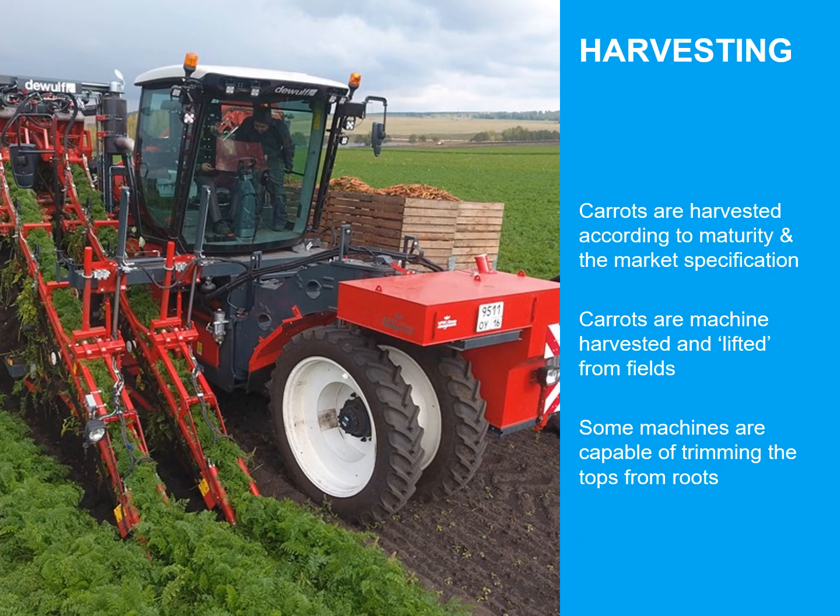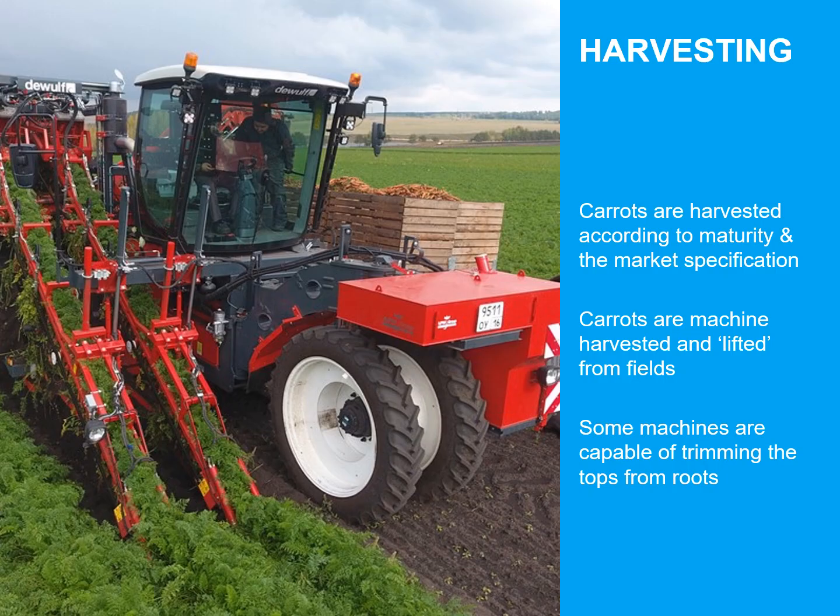In terms of harvesting, I'm not going to go into too much detail in this screencast because it's been covered in a previous one on harvesting methods last semester. But just to cover it very briefly, carrots are typically harvested according to their maturity and the size of the root according to the market specification. Carrots are typically machine harvested and lifted from the field, and you can see that happening here in a machine called a top lifter.